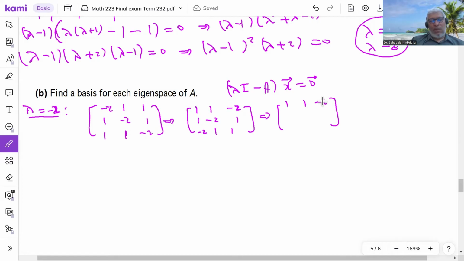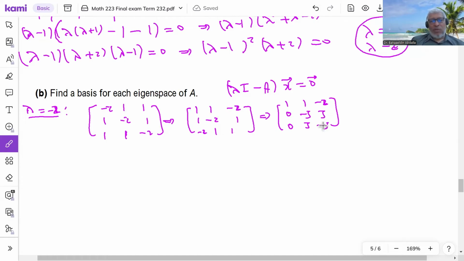And then I'll do negative row 1 plus row 2. So negative 1 plus 1 is 0. Negative 1 plus negative 2 is negative 3. Negative, so 2 plus 1 is 3. Now 2 R1 plus R3: 2 minus 2 is 0. 2 plus 1 is 3.